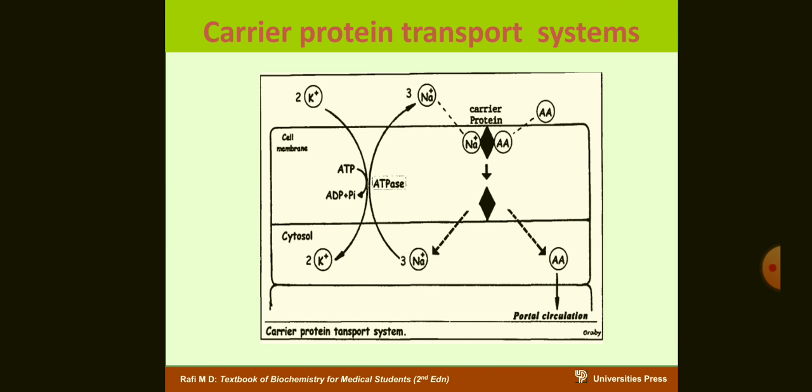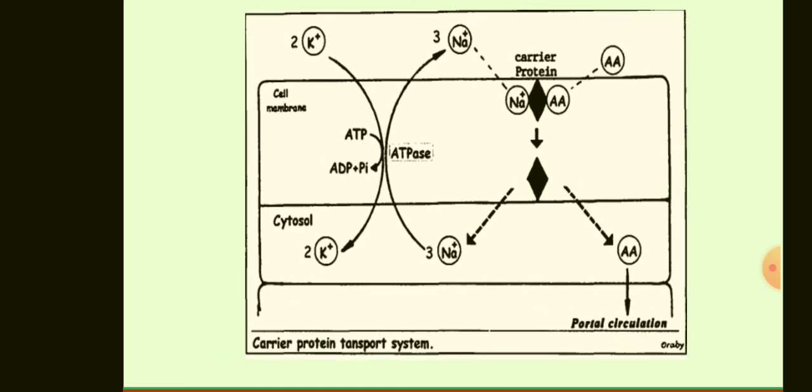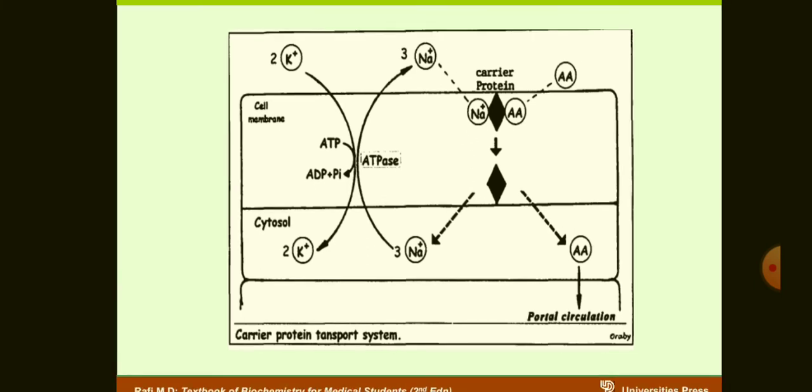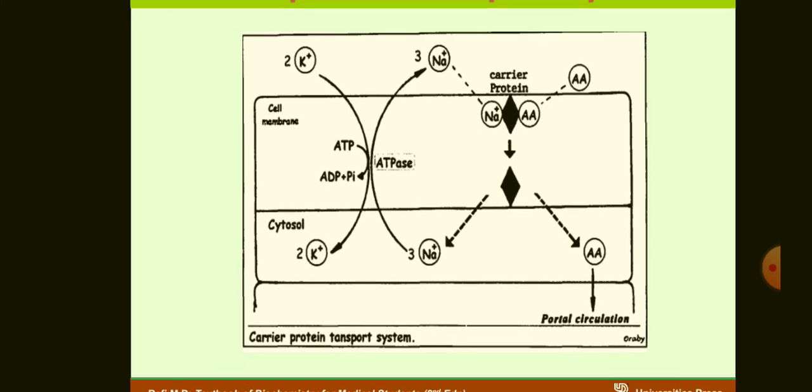This diagram shows that the active transport of amino acid, by ATP with the help of the sodium potassium pump, is very much similar to the active transport of glucose, where two potassium ions enter in place of three sodium ions, and one ATP molecule is hydrolyzed to ADP plus phosphate. The carrier protein has two binding sites, one for amino acid, the other for sodium.